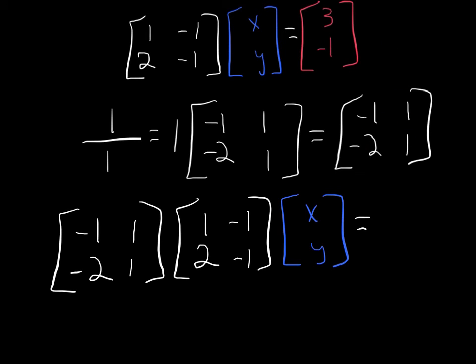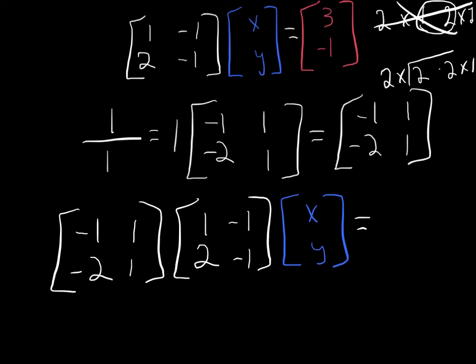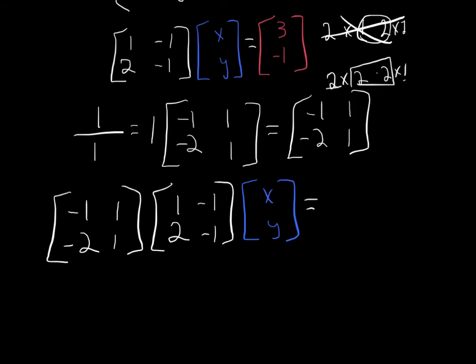This is a 2 by 2 matrix, and this is a 2 by 1 matrix. If we were to do 2 by 1 times 2 by 2, notice the inside values are not the same, we couldn't do it. But if we have 2 by 2 times the 2 by 1, our inside values are the same and we'll get a 2 by 1 matrix as the resultant. So it's important that you put the inverse in front, so negative 1, 1, negative 2, 1, in front of the constant matrix, so 3 and a negative 1.